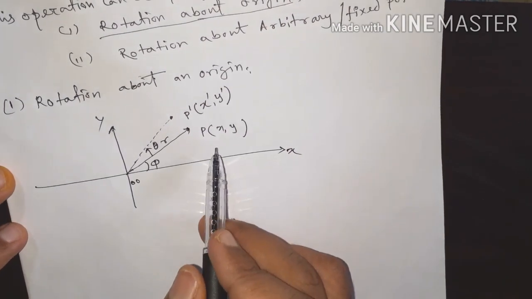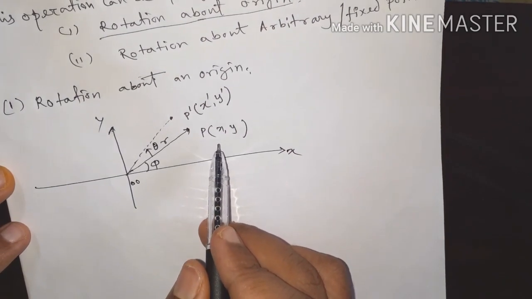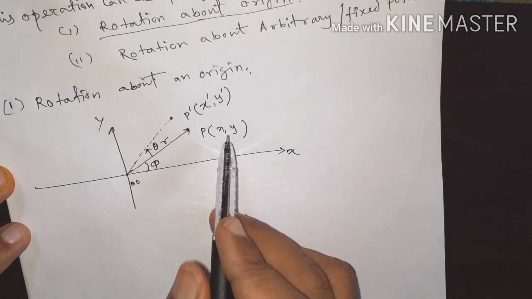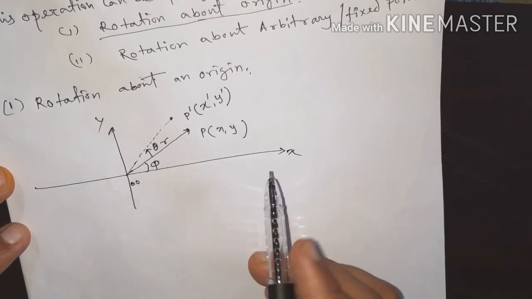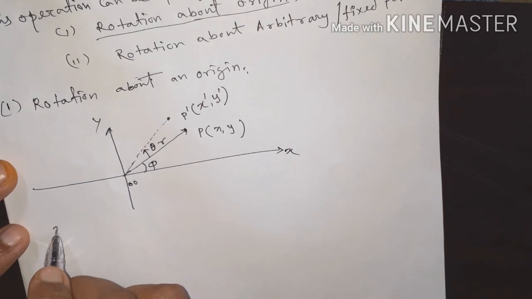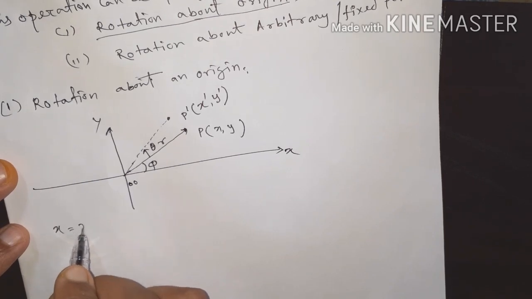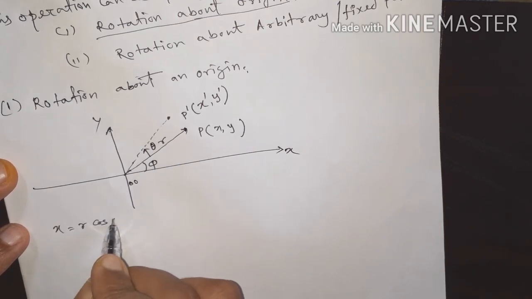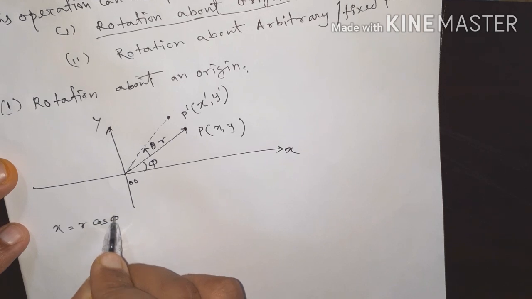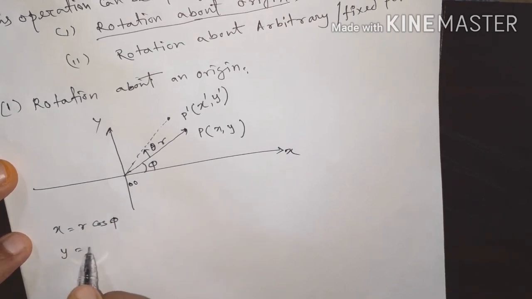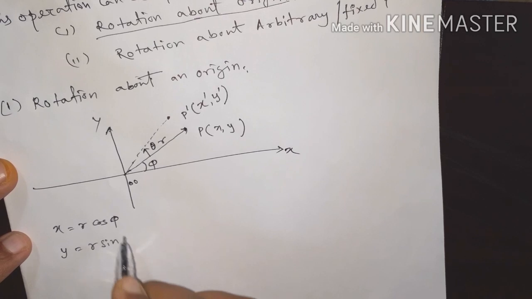I know the relation between Cartesian coordinates and polar coordinates: x equals r cos phi and y equals r sin phi.